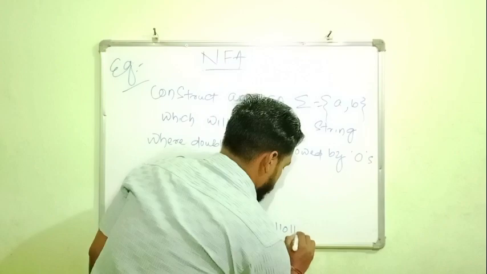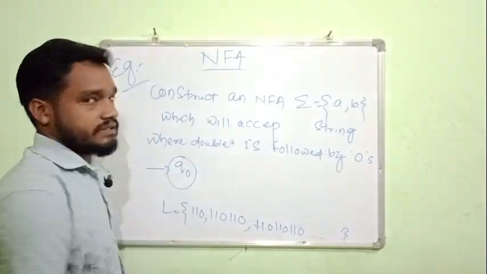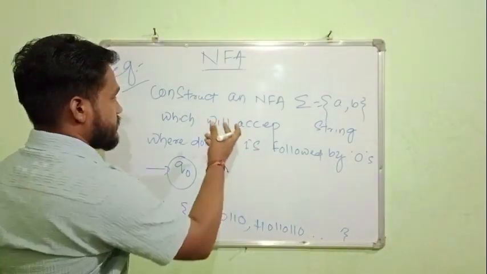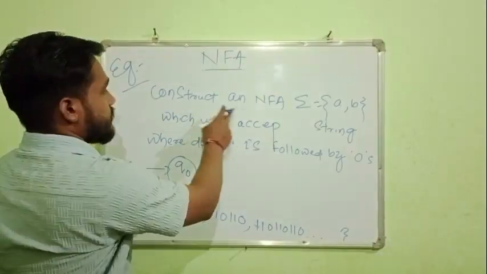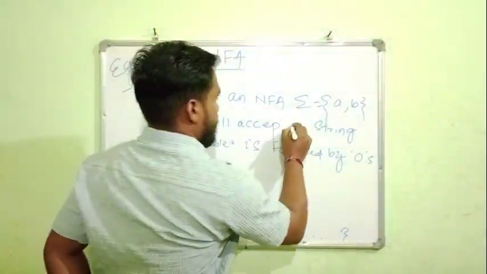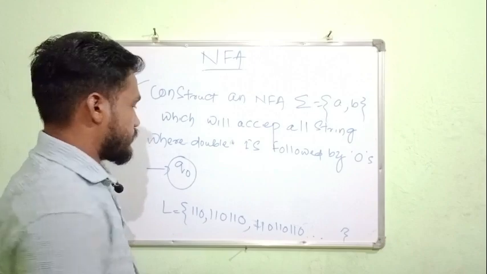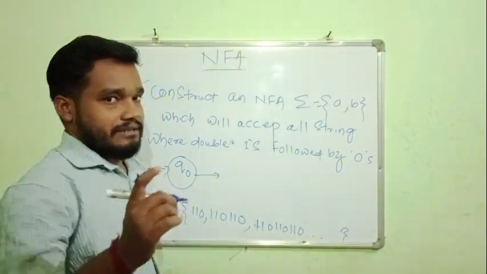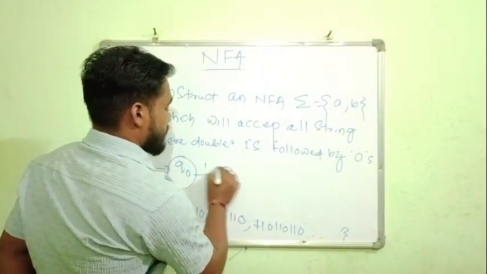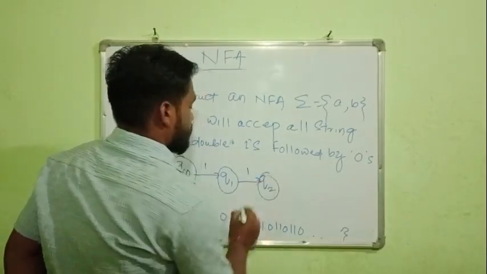These are the strings originated on the basis of the given question: construct an NFA over alphabet A, B, which will accept all strings where double ones are followed by a single zero. So we will accept the minimum string, 110. We put 1 here, create another state, put another 1 here, and for this we create another state.